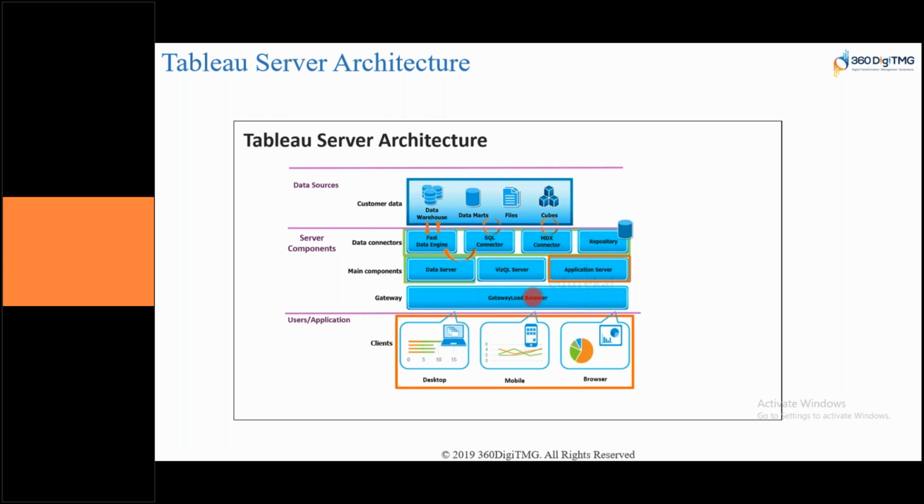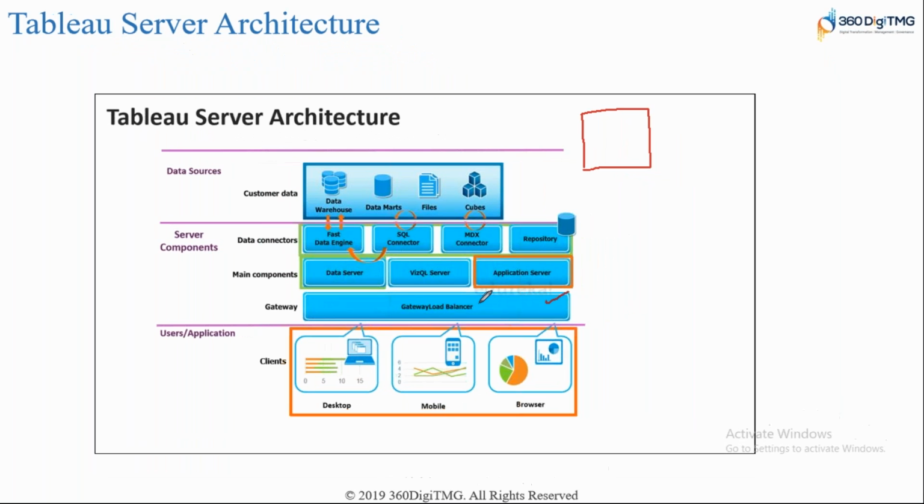Then there is the gateway load balancer, which is not compulsory. It may or may not be there depending on the server environment. Usually a small to medium scale organization can handle things with just one machine as a server. But if it is a very large scale organization and one machine is not able to handle the load coming from maybe hundreds of thousands of clients accessing the server with different requests, the server could get overloaded sometimes.